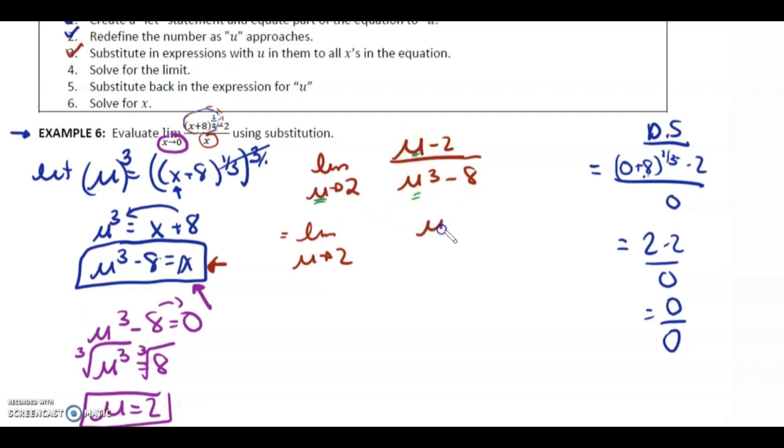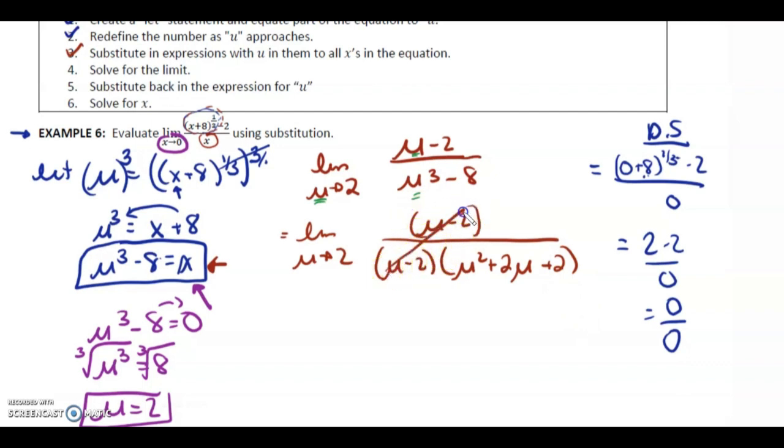So I'm going to leave u minus 2 in the numerator. And taking a look at the denominator, this is a difference of cubes. So I get (u minus 2)(u squared plus 2u plus 4).